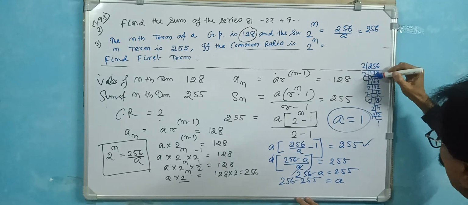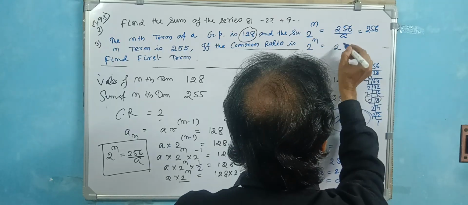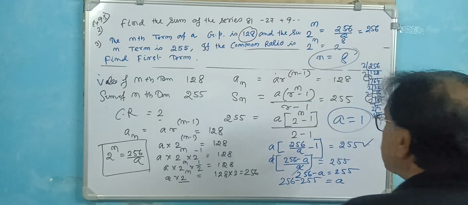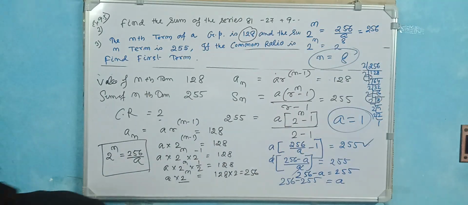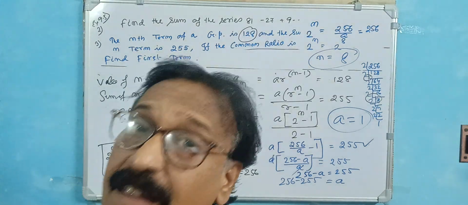So 1, 2, 3, 4, 5, 6, 7, 8. So 2 to the power n is equal to 2 to the power 8. So n is equal to 8. What is the number of terms? This is 8. Is that clear?